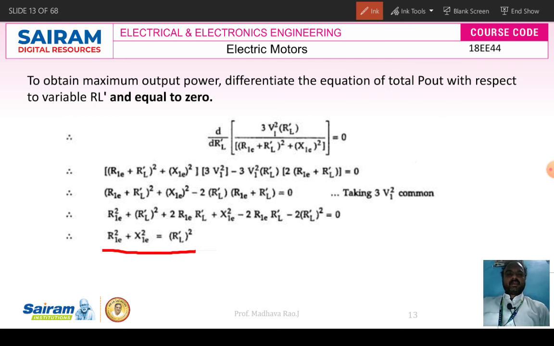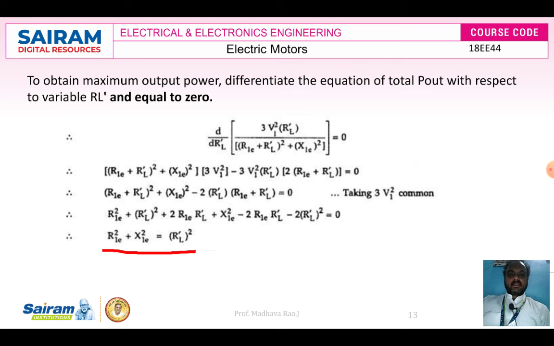So this equation we got. This is the condition for maximum output.